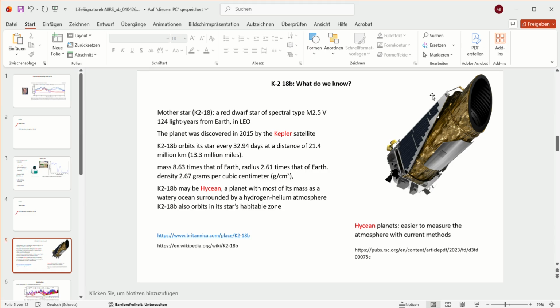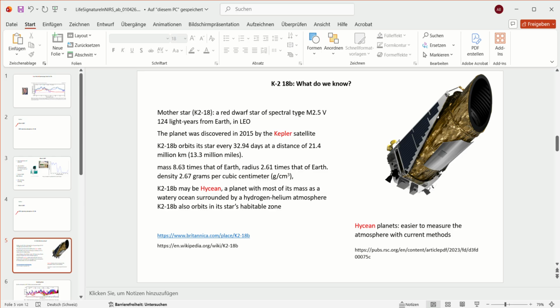JWST. So in the example that we're looking at today, the K2-18 star is a red dwarf star of the spectral type M2.5 V. As you know, M is the latest regular star type in the Hertzsprung-Russell diagram.